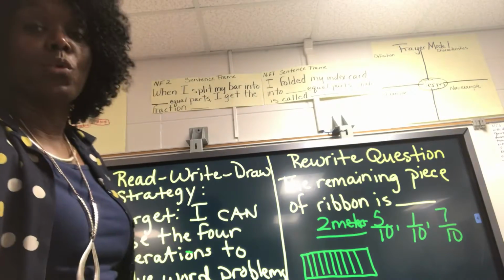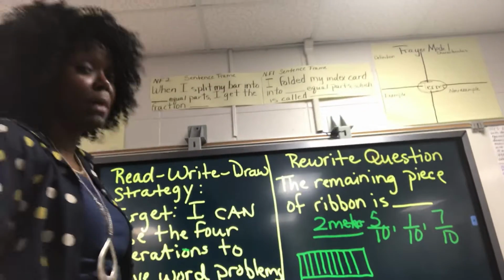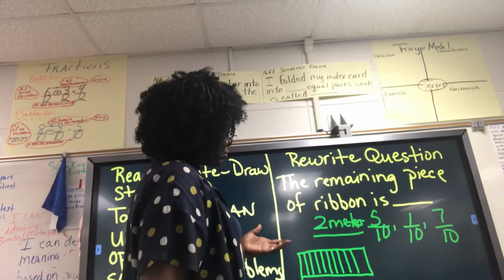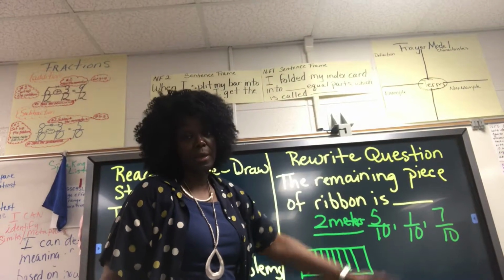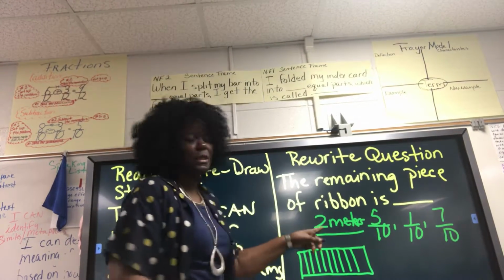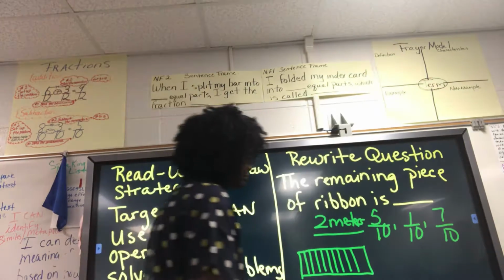Now, guys, you understand that you must have the total number of equal parts noted in our denominator. And how many do we need of these? We need at least 2.